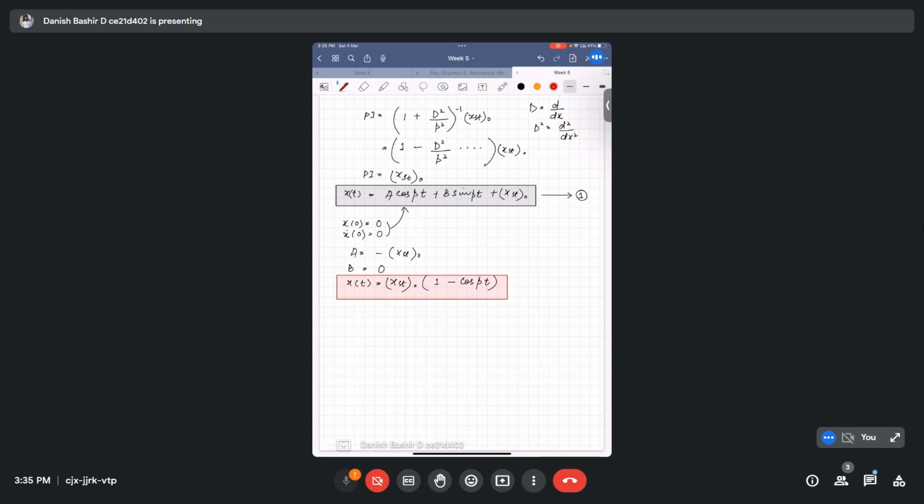If a step pulse acts on our damped system, we can do the same derivation and extract the response for our system. So I can do that quickly right here, considering the system to be damped.